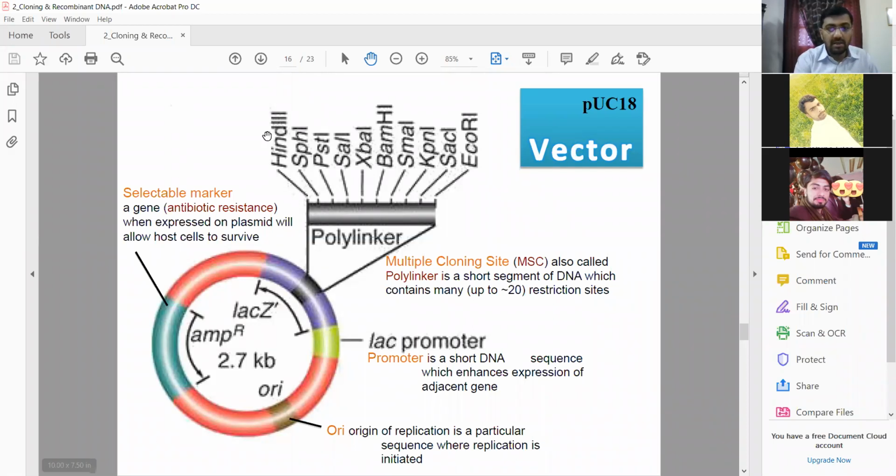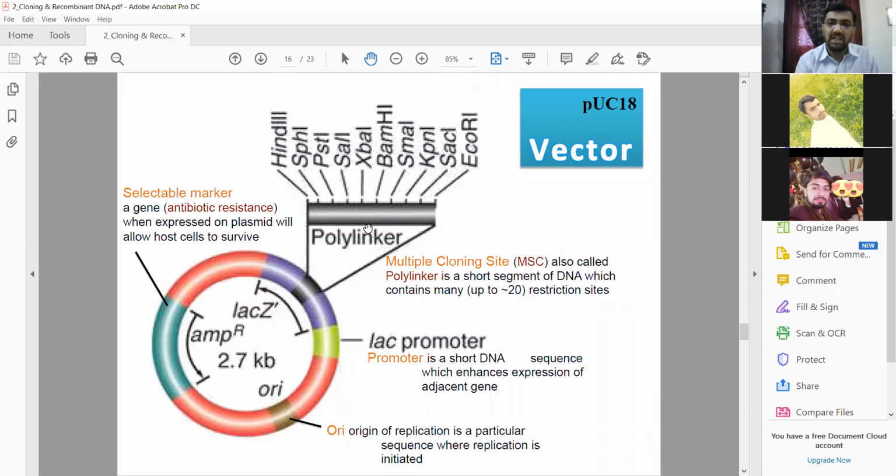So if we go through the structure of this expression vector, which is the pUC18 vector, we have an ampicillin resistance gene. It's a selection marker, and it helps while selecting the plasmids which carry the transgene. And we have an ORI, which is the origin of replication. We have a lac promoter, and we have a lacZ complex which carries a multiple cloning site.